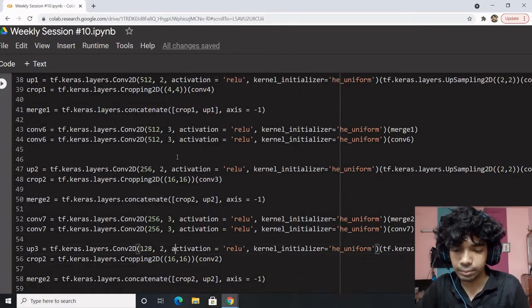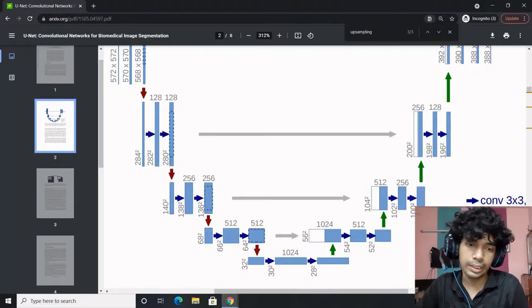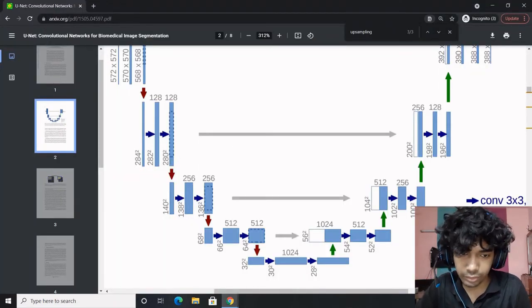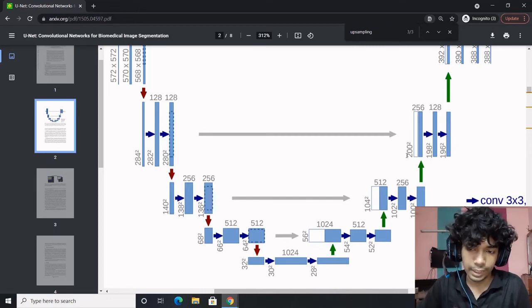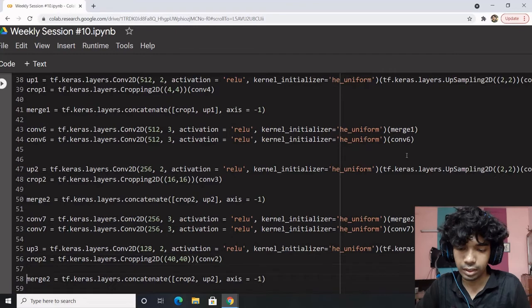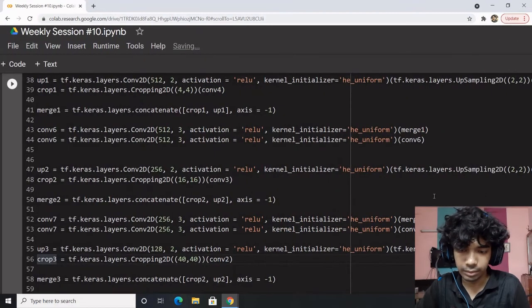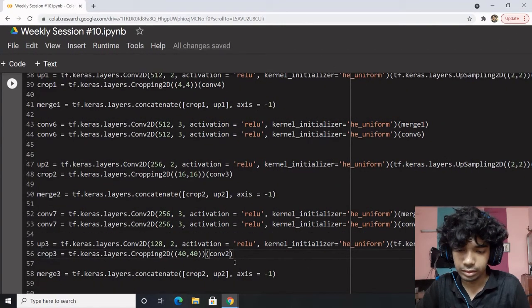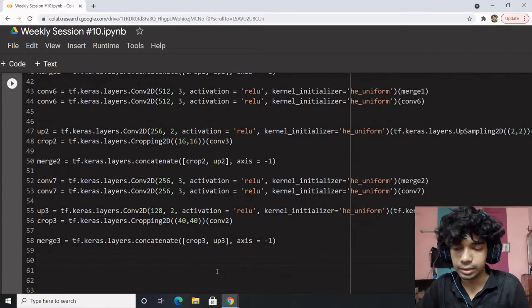And the dimensions would be, here it is 280, it needs to be chopped off to 200, which means 80, or 40. 80 by 2 is 40. This is now merge 3, it would be crop 3, upsampling 3. This is perfect. We have crop 3, upsampling 3, we have our merge 3.